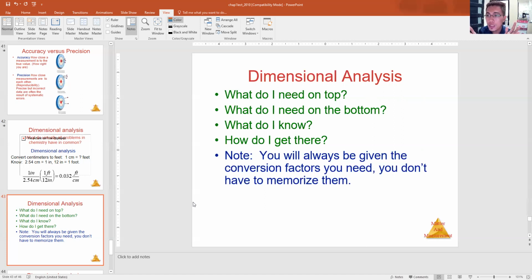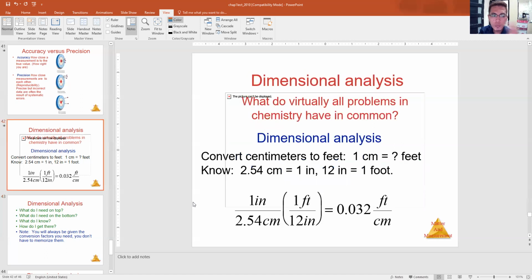Those are the questions you usually need during dimensional analysis. Note, you will always be given the conversion factors you need. You don't have to memorize them. You just need to know basic concepts like 2.54 centimeters is 1 inch, and 12 inches is 1 foot. Then figure out the relationship between the given unit and the unit you want to derive.